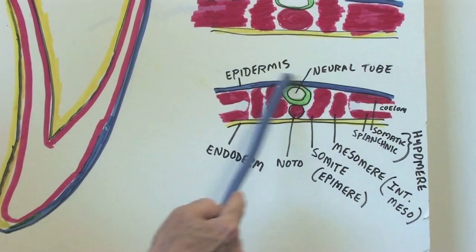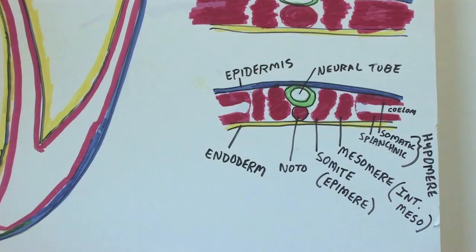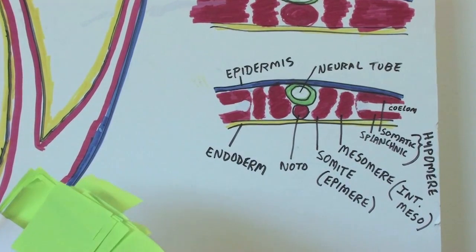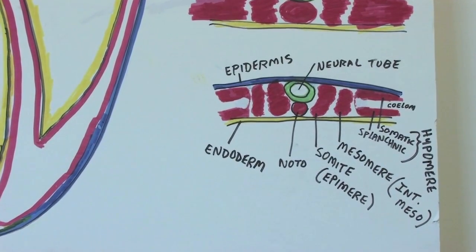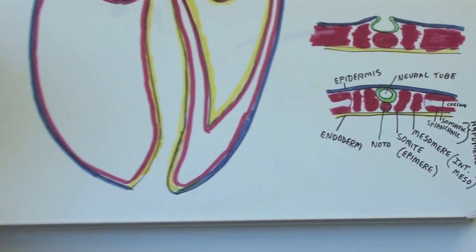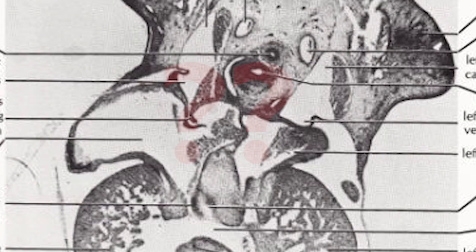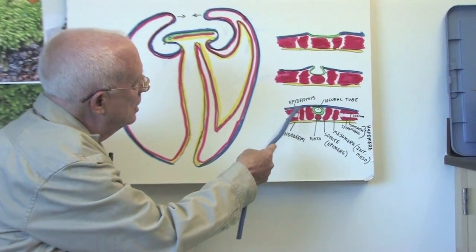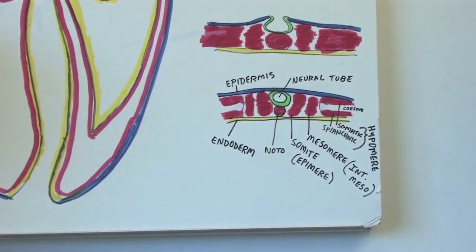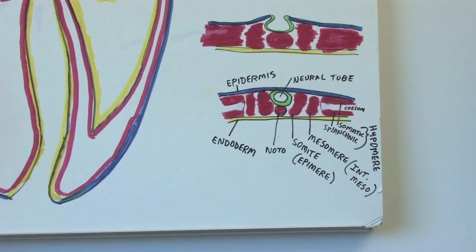So this drawing here makes it much easier to understand what's going on in the living system. Because if you just look at some of these slides, you could sort of say, hey, what is that? But then if you go back to this kind of figure, you'll know exactly how these structures developed.